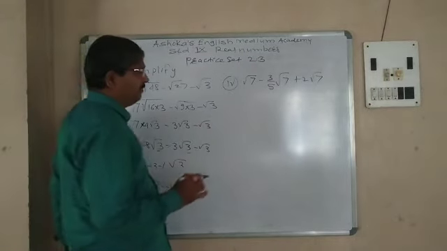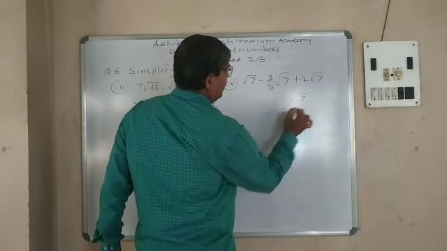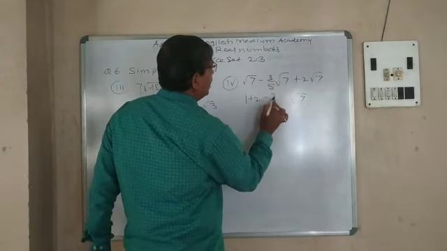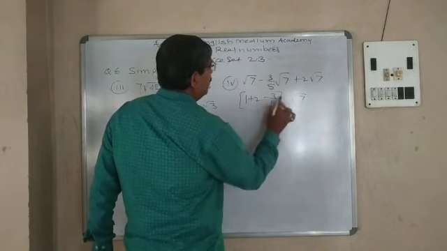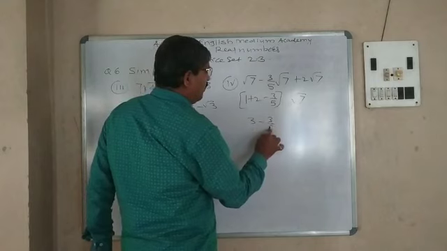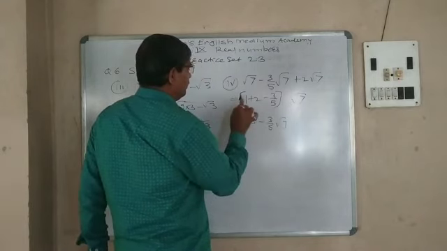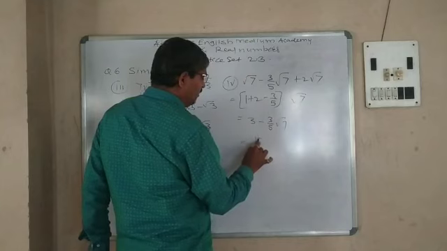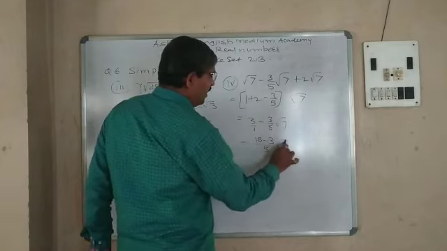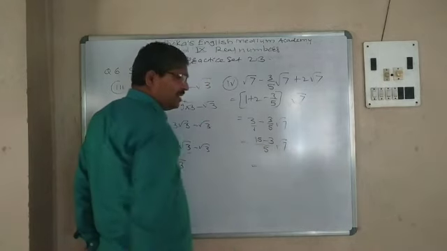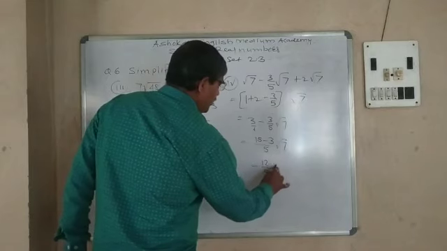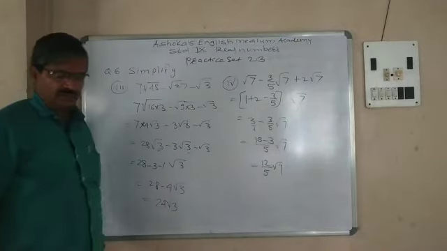Root 7 is common, so we write root 7 common. Here is 1, this is 2, taking them first and writing minus 3 upon 5. Then 2 plus 1 is 3 minus 3 upon 5, under root 7. 5 3s are 15, 3 1s are minus 3, 5 1s are 5 under root 7. 15 minus 3 is 12 upon 5 under root 7, which is the answer.